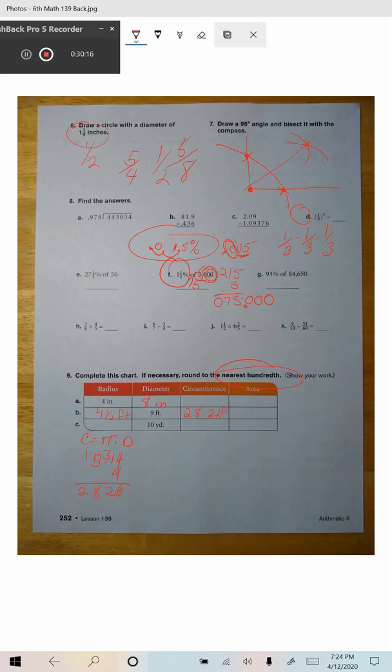All right, area is pi times the radius squared. All right, so the radius is 4.5. I'm going to go ahead and square that. I get 20.25.